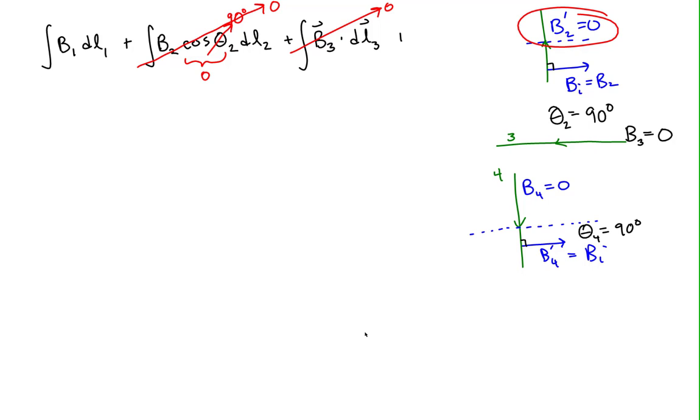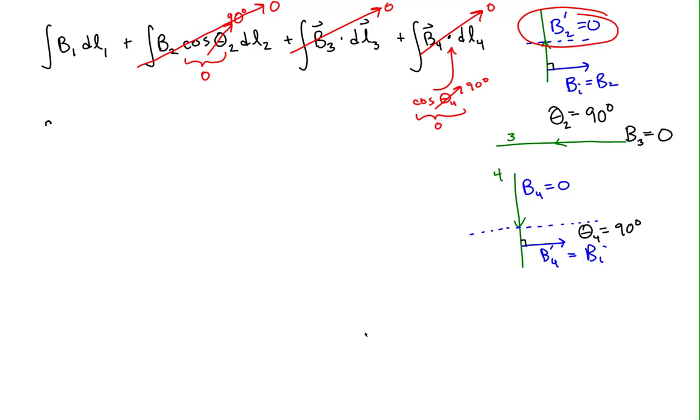This means that we could write that the line integral of the magnetic field along path 4 will be equal to 0, because again, either the magnetic field along path 4 is 0, or since this is a dot product, and the dot product contains the cosine of the angle, and since the angle is 90 degrees, we know this cosine is going to evaluate to 0.